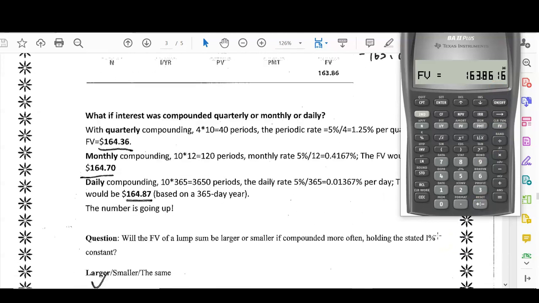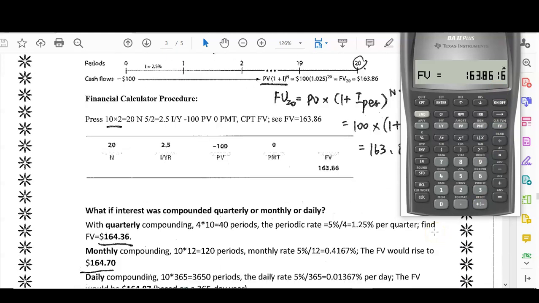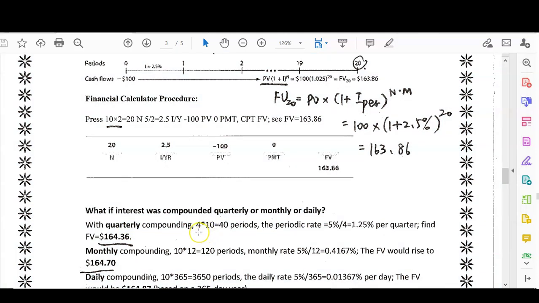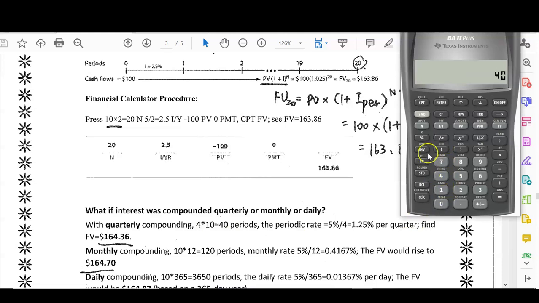What if the interest rates are compounded at a higher frequency, such as quarterly, monthly, or daily? With quarterly compounding, our M, compounding periods per year, becomes 4. So our total number of periods would become 40. 40 would be N at quarterly compounding.